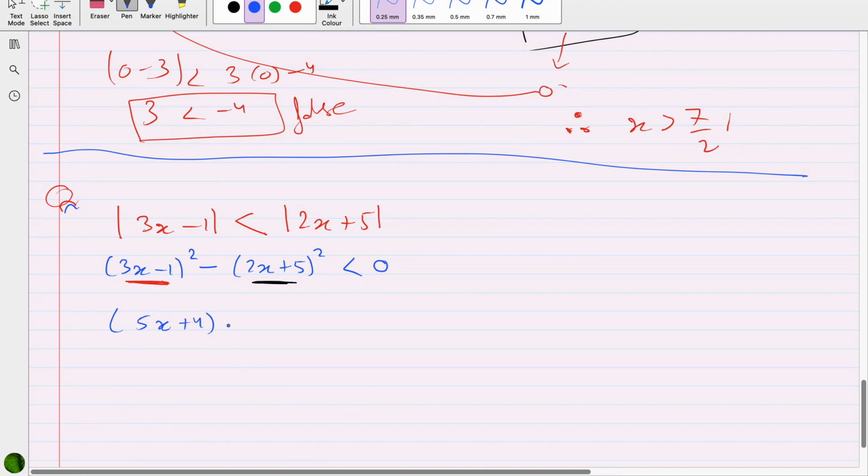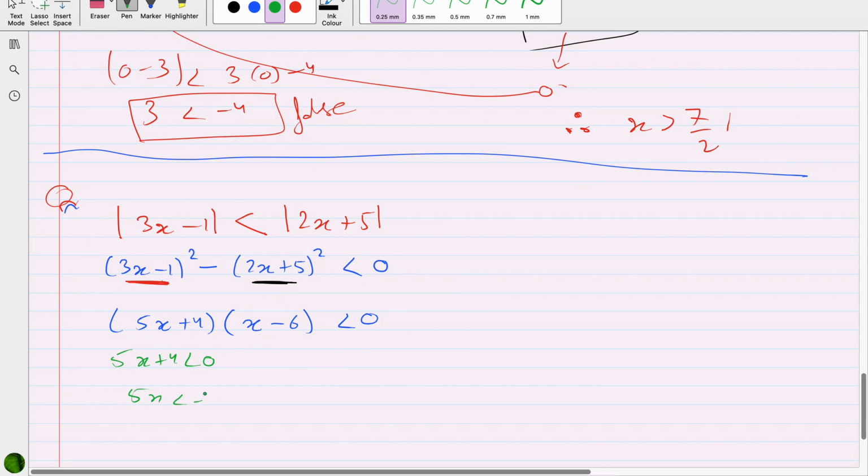So that is a plus b into a minus b. So 3x minus 2x is x, negative 1 minus 5 is minus 6. We're done with squaring, we're done with a plus b into a minus b. Now we solve them individually for x.